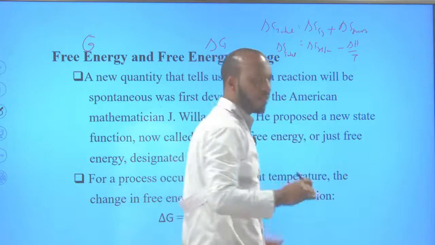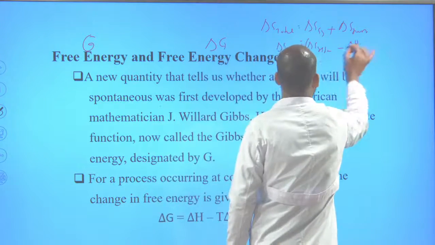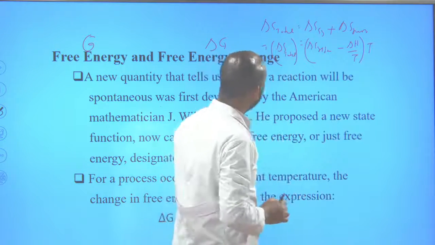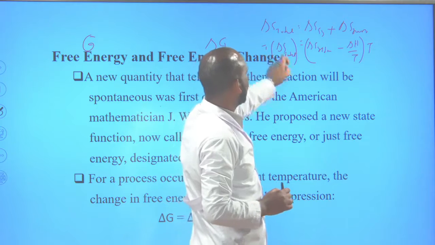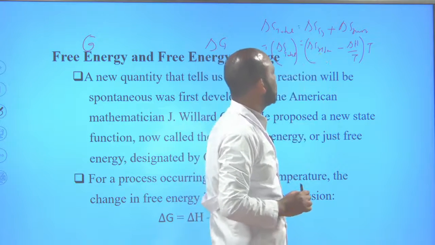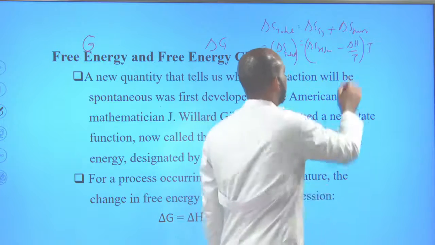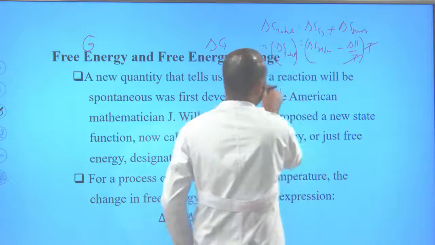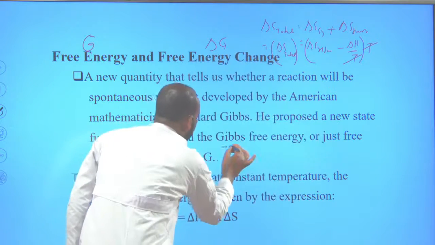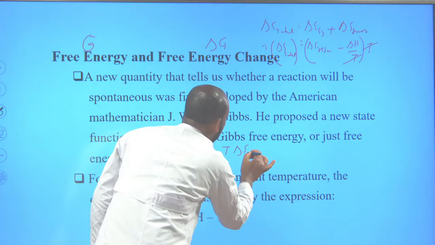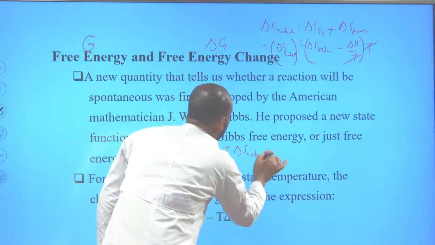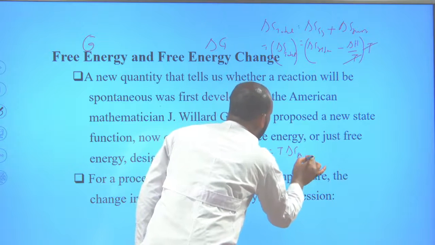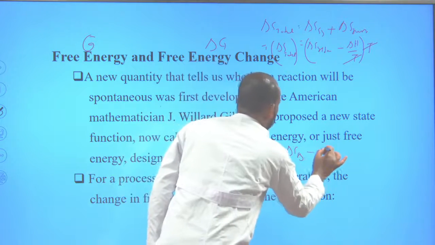If you multiply both sides by temperature, now T times delta S total equals T times delta S of the system minus delta H. Here the temperature cancels with the denominator.